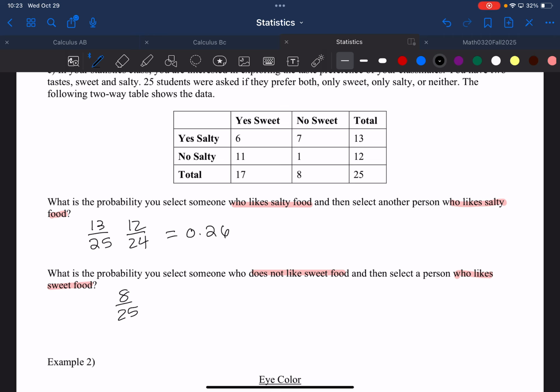Okay, and then who likes sweet? How many like sweet? 17, and then that's going to be out of 24 because we already selected one person and we're not putting that person back into the total. So then we multiply those together and we get 0.227. So about a 23% probability.